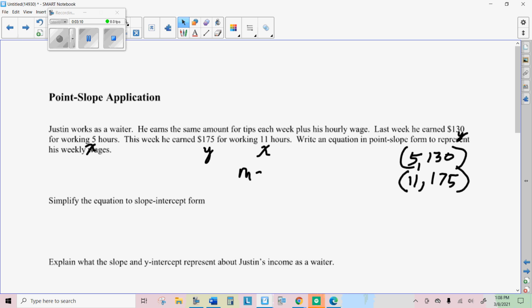So the slope would be 175 minus 130 over 11 minus 5. So basically between those we can see that for an increase from 130 to 175, which is a $45 increase, he worked 6 hours.